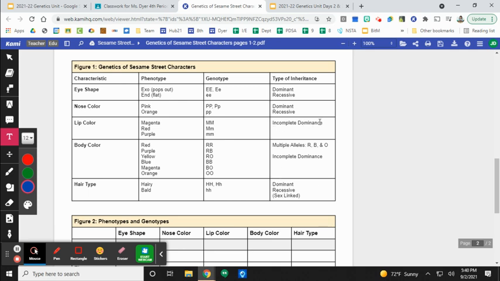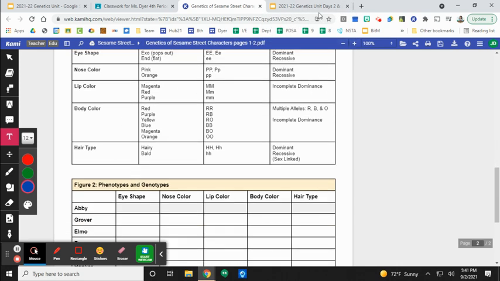We'll see what all of the rest of this looks like, the incomplete dominance, the multiple alleles, and the sex linked traits, but they're not super important for us to know the difference. Really, for any of these down here, you just need to be able to read the chart, figure out what the phenotype is, and then figure out what the genotype is from that. So we're going to start out by looking at Abby.